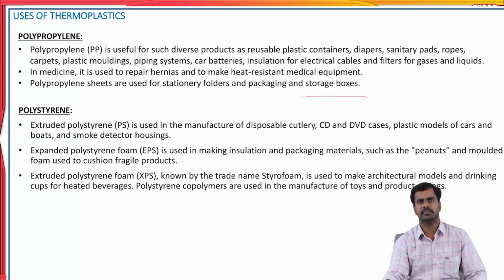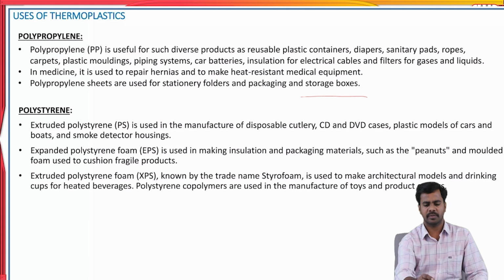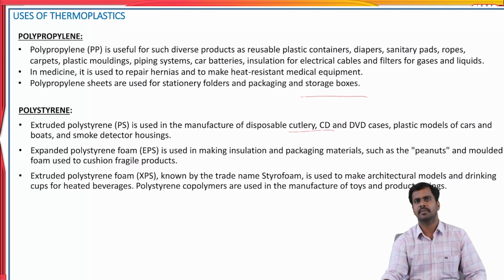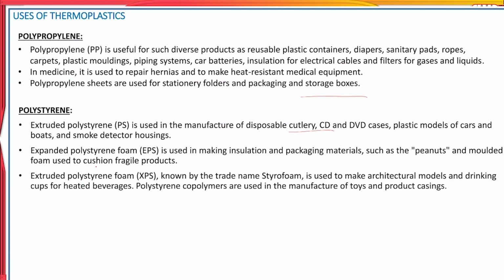And polystyrene, it is used in manufacturing of disposable cutlery and DVD cases, plastic models of cars and boats. Expanded polystyrene foam is used in making insulation and packing materials such as peanuts and molded foam used in cushions for fragile products.